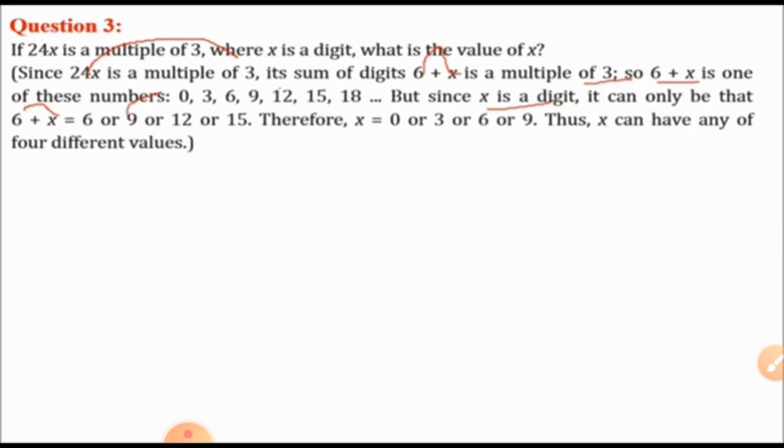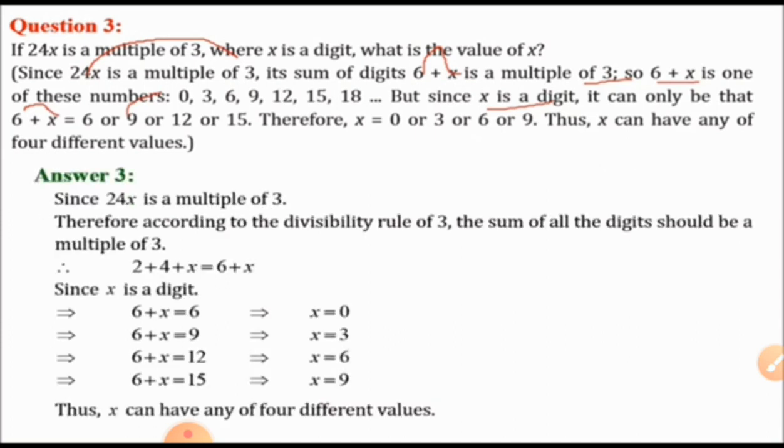But since x is a digit, it can only be that 6 plus x is equal to 6 or 9 or 12 or 15. Therefore, x is equal to 0 or 3 or 6 or 9. Thus, x can have any of 4 different values.